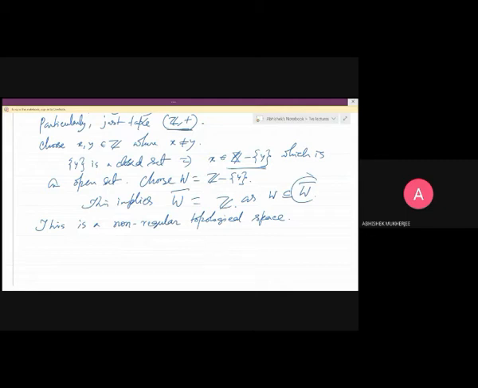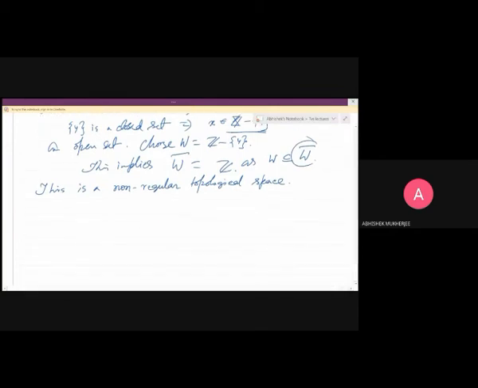Non-regular topological space. So in this way you can construct examples of not being a topological group. Okay.